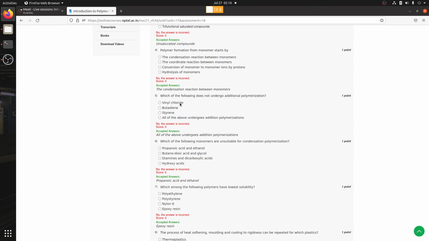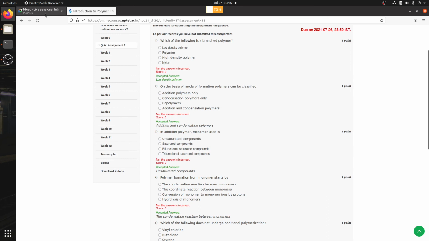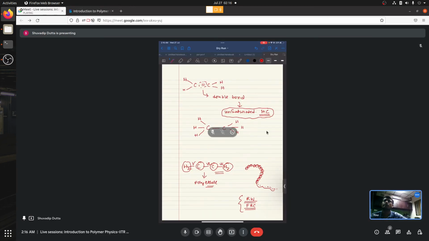We will build some models, such as the random walk model, and then maybe a freely rotating chain model, which will introduce stiffness. These are the models we will mostly work on. We are not really interested in polymer chemistry. We are mostly interested in polymer physics, right?